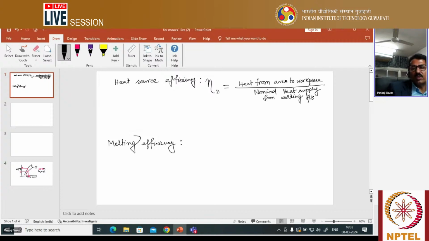Heat source efficiency means whatever the power source you are using for doing the welding. From the power source some heat you are supplying, but all the heat is not going to the workpiece. Some heat is lost in between the power source and the workpiece.